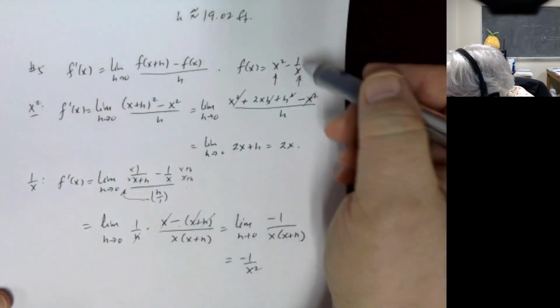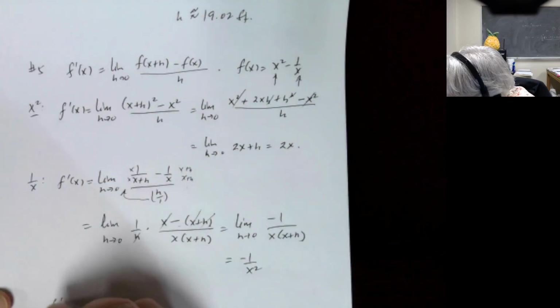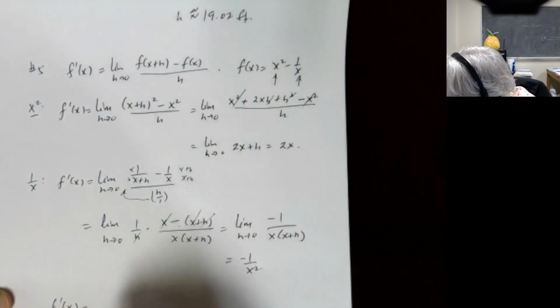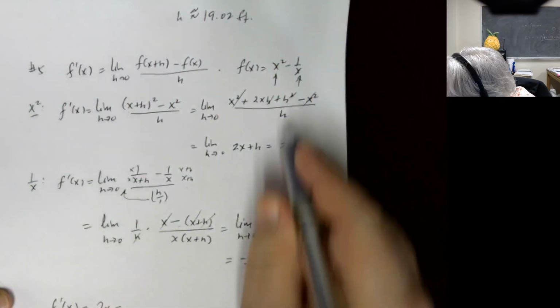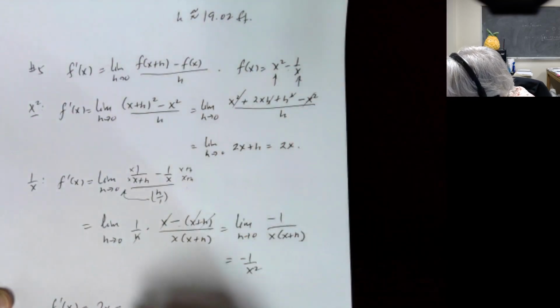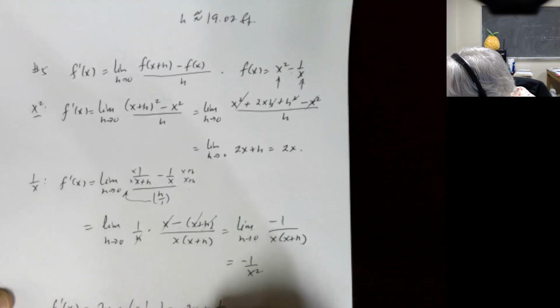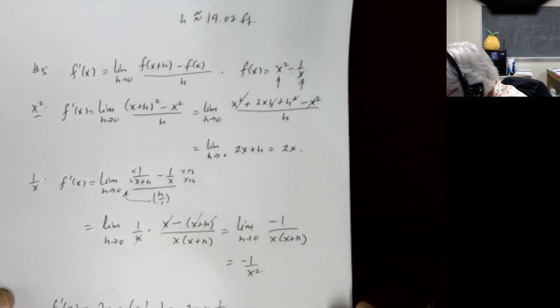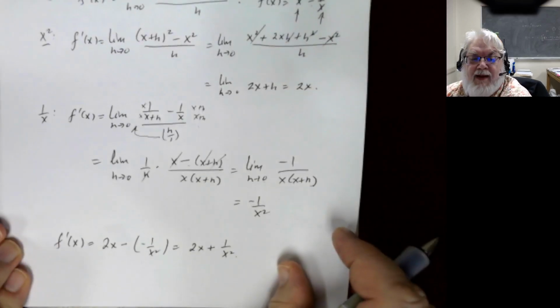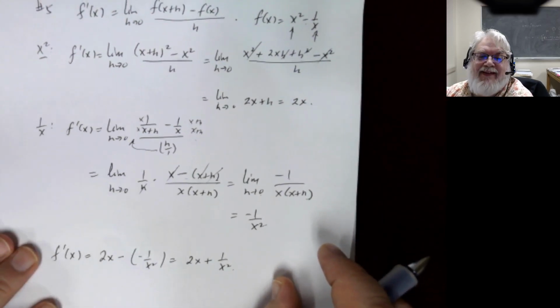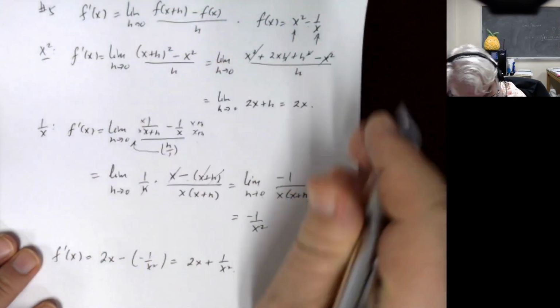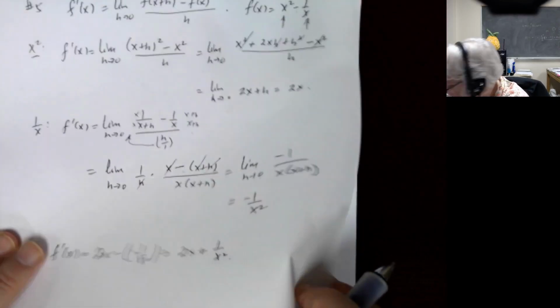And so now overall then, we see that f prime of x is going to be 2x minus 1 over x squared. Good. All right. Oh, and of course I ran off the page. Okay, so that was number 5. Gosh, it's kind of long. Next.